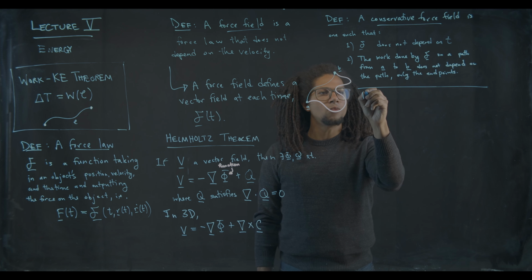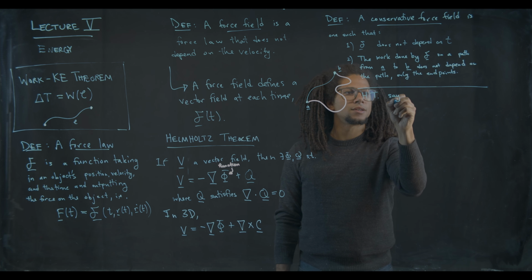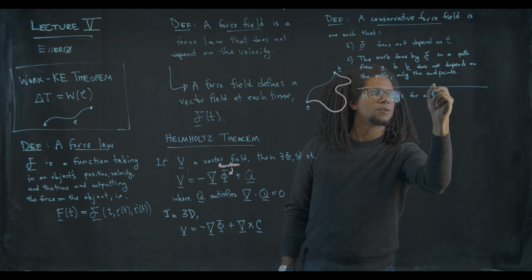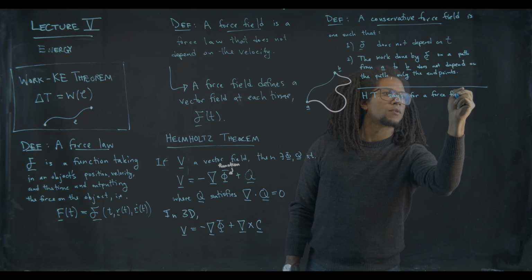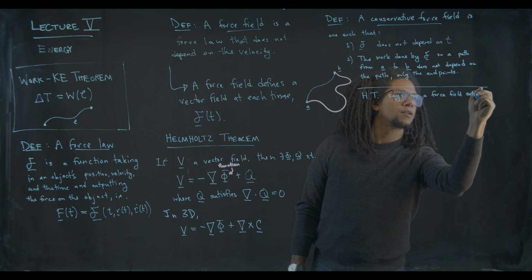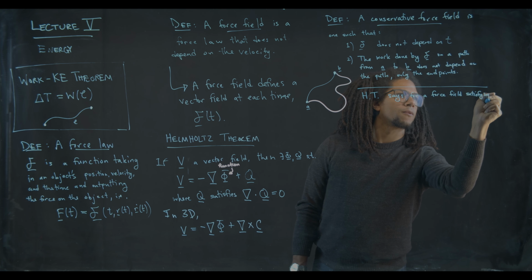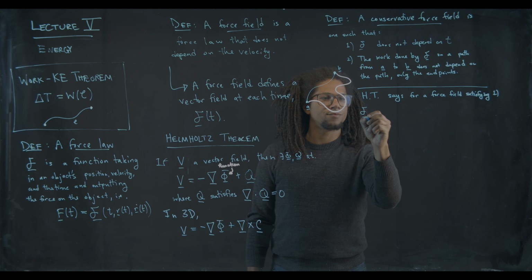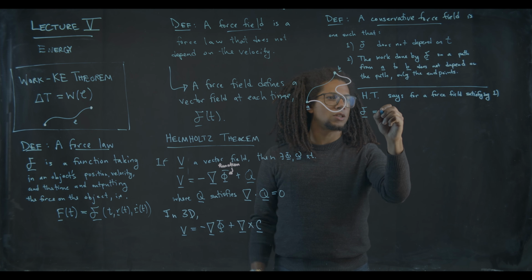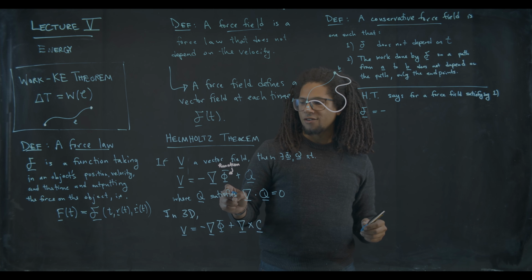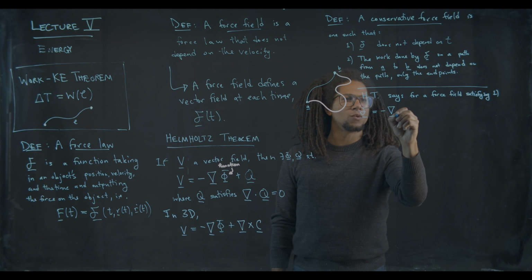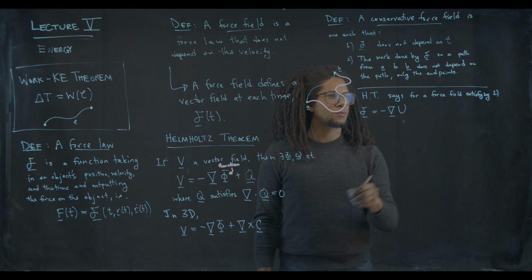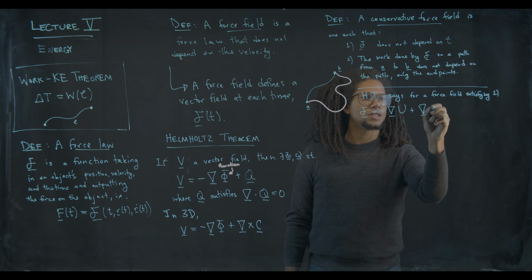So Helmholtz theorem says that for a force field satisfying 1, in other words, it's time independent, we have the following. F is equal to, well, let's just use this notation. I'm going to change here my phi to a u, just to say that I'm working specifically for force fields. Okay, and then plus del cross C, just as I have over there.